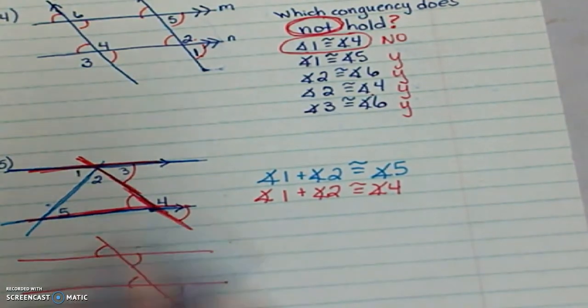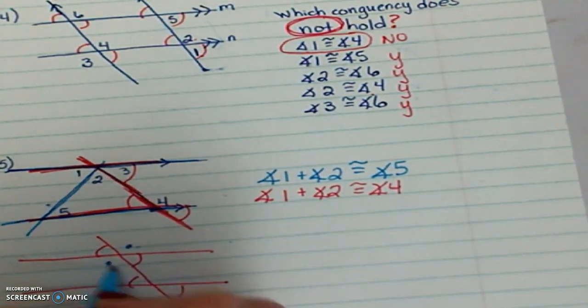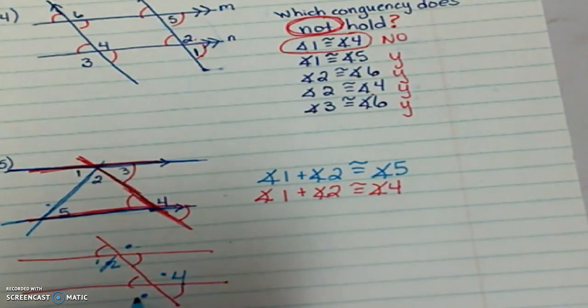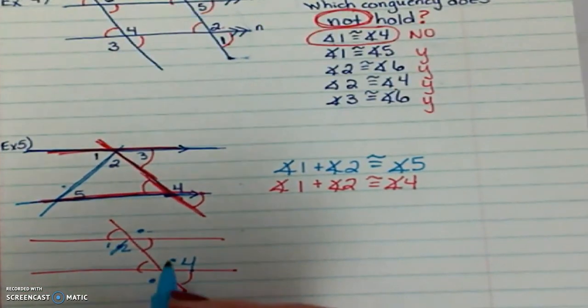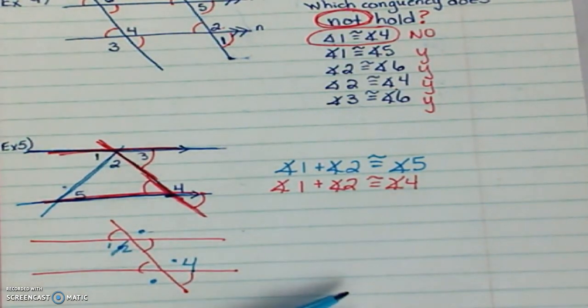So if I mark those angles, then that tells me that these other angles have to be equal to each other, and this is angle 4, but this angle over here happens to be 1 plus 2. So 1 plus 2 would happen to be congruent to the measure of angle 4.